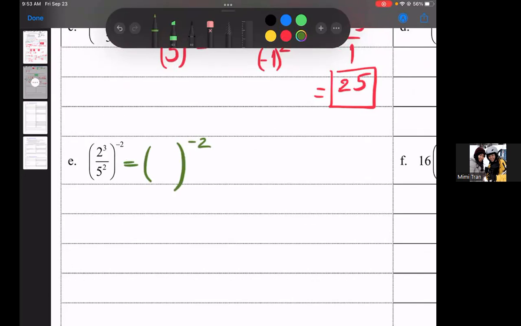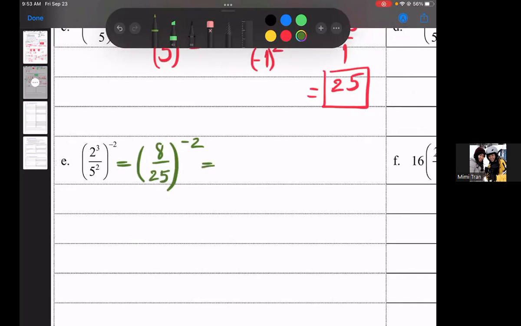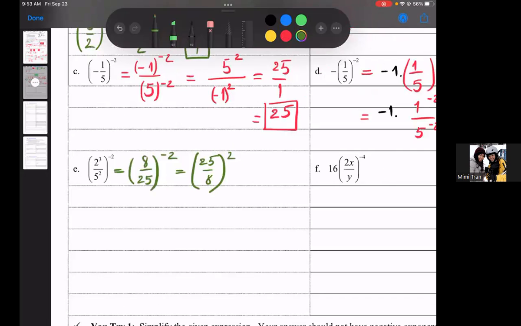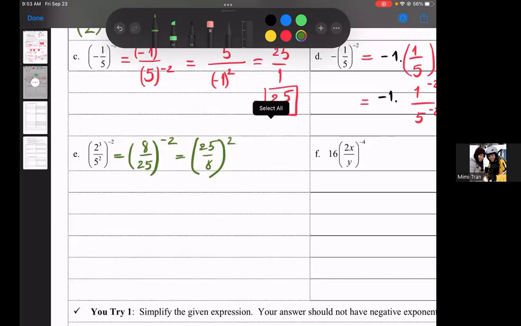What does 2 cubed equal? 8. And what's 5 squared? 25. And now I flip, right? Now 25/8, and then turn positive. I'm telling you, I'm doing the green method. So I flip negative exponents, turn into positive exponents, and now I distribute the square.